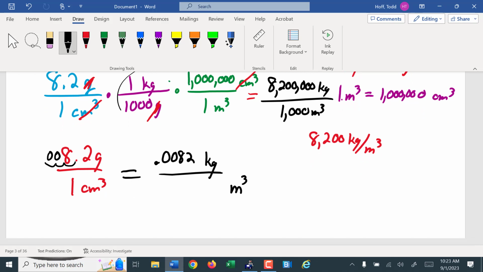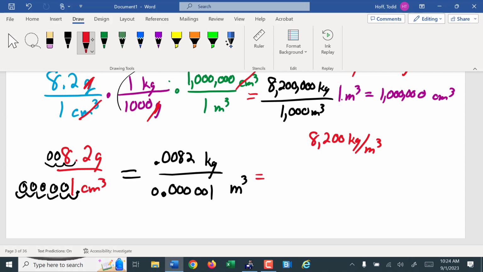Centimeters cubed to meters cubed. Centimeters to meters is 2 spots on the chart. Cubed means we go times 3, so 2 times 3 is 6 decimal places. Our decimal point has to go 1, 2, 3, 4, 5, 6. That's 0.000001 cubic meters.